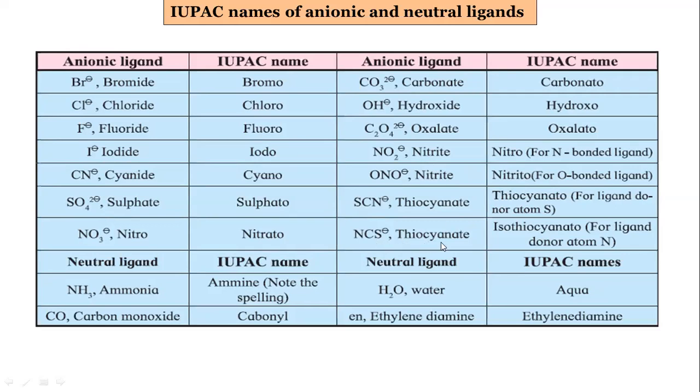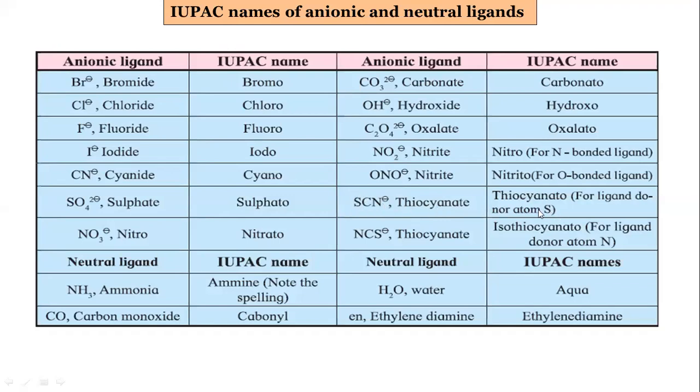Then this is a thiocyanate. Again, this is an ambidentate ligand, NCS and SCN. This is called thiocyanato when sulfur is bonded. These two ligands are ambidentate ligands. Remember, there is nitrite and this is thiocyanate, and which atom is used for the bonding is very important.